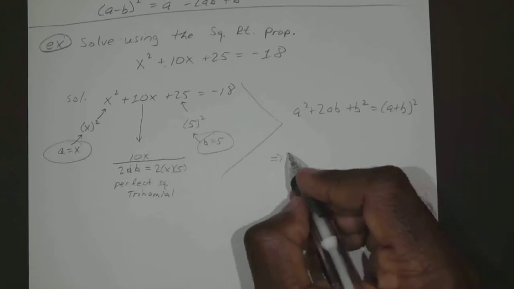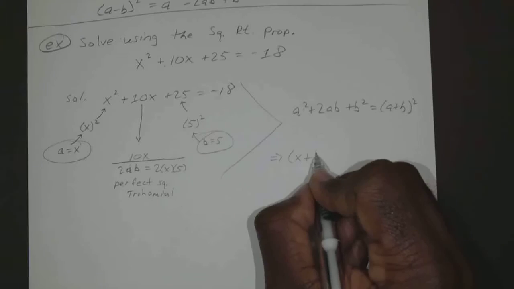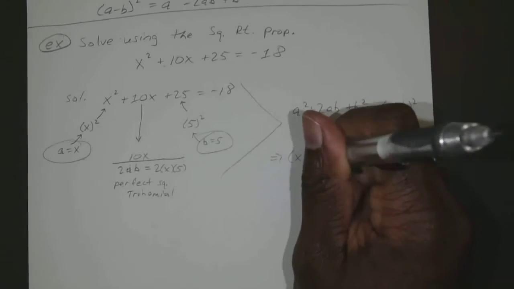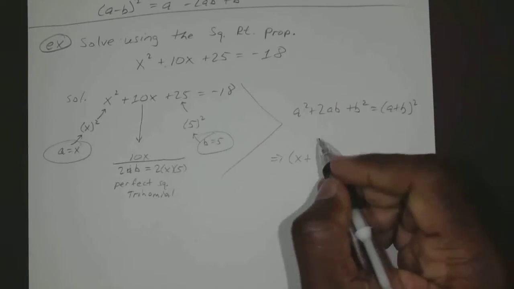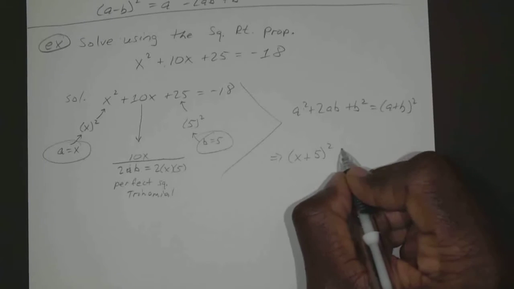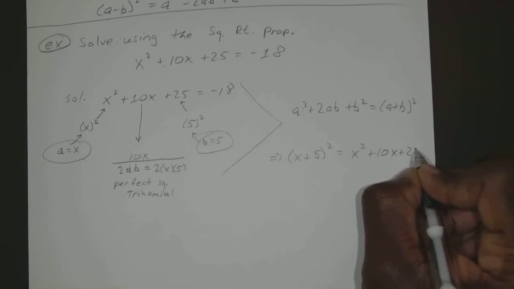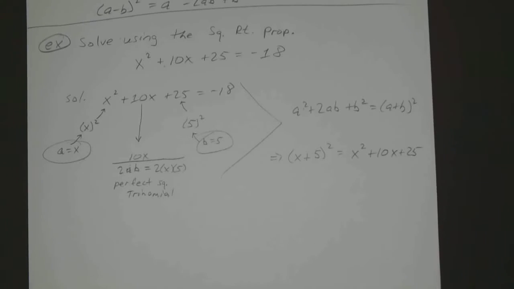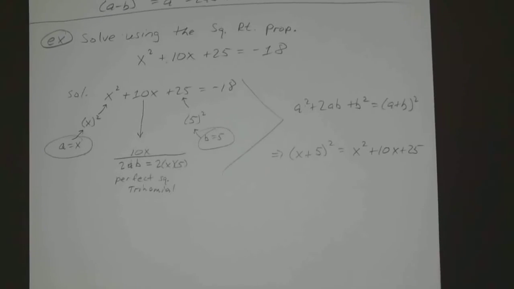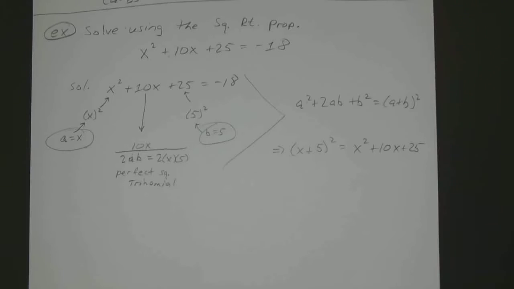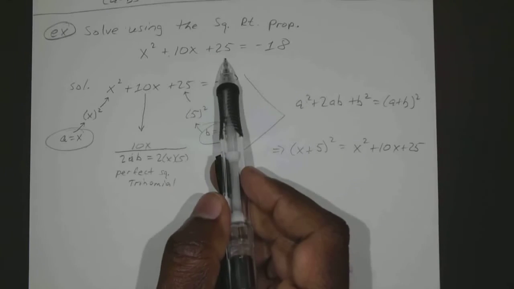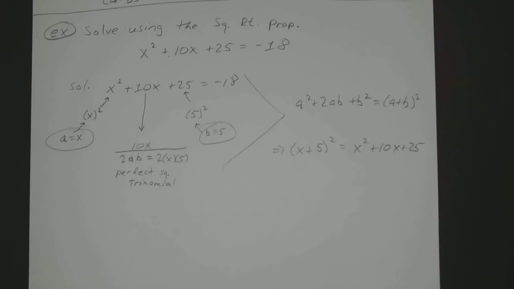(x plus 5) squared, which is x squared plus 10x plus 25. Okay, so all we did was just convert our perfect square trinomial on the left side to a squared binomial.